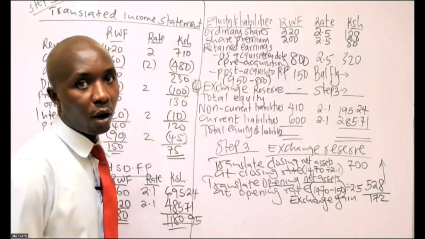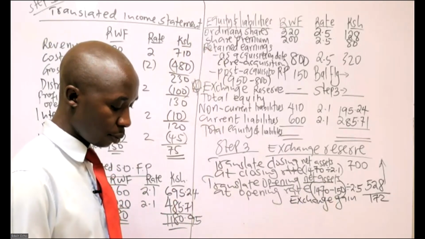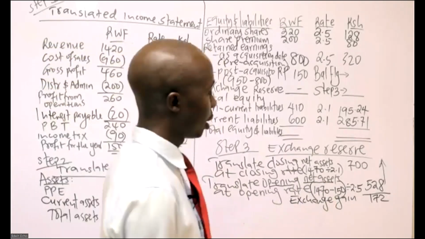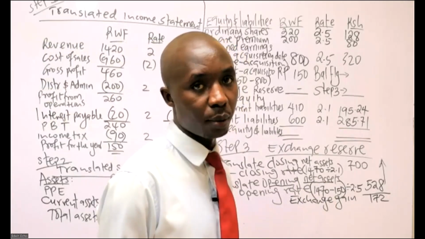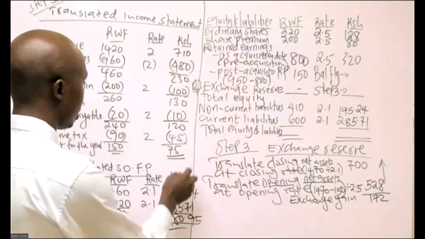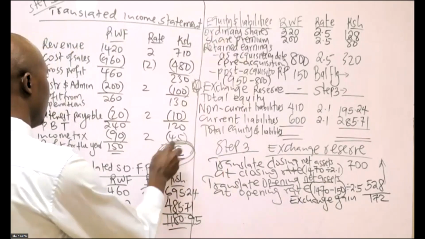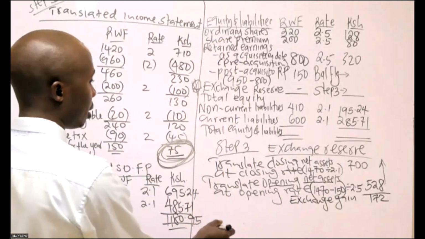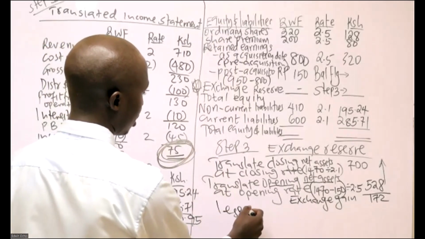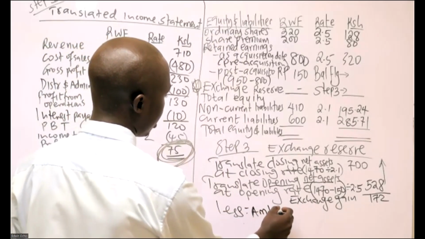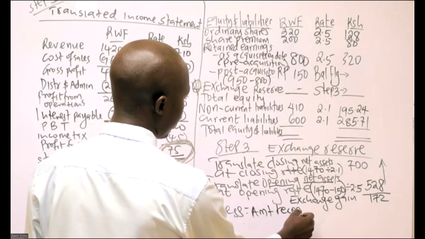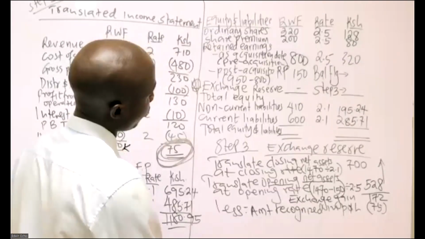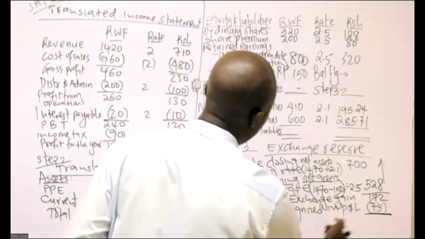And already we know that the 150 has already been recognized in the P&L, the translated 150. You remember the bottom line in the income statement. This is the amount which has already been recognized in the P&L.